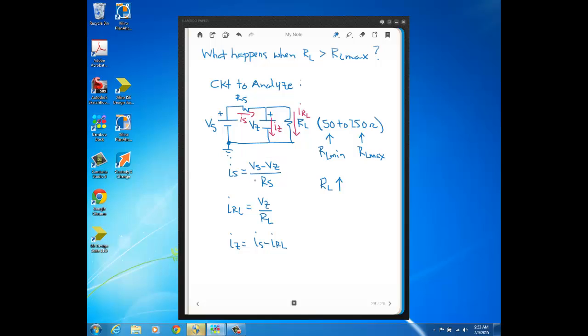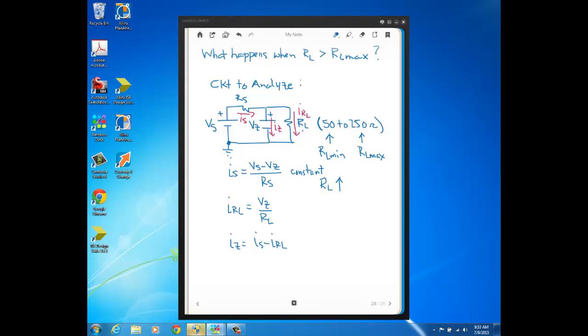IS doesn't have a dependency on RL. We have a fixed amount of voltage on this side of RS, and we have a fixed amount of voltage on the other side of RS. So there's a constant amount of voltage across this resistor RS where the current IS is flowing through. So your source current here is constant. As RL increases, nothing's going to happen to the source current. It's just going to remain what it is.